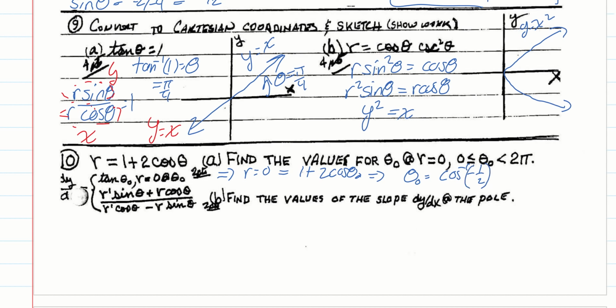So that means we're going to either be in the second quadrant or in the third quadrant, because that's where x is negative. So it's going to be either 2 pi over 3 or 4 pi over 3. So it can be both of these. This is theta naught.